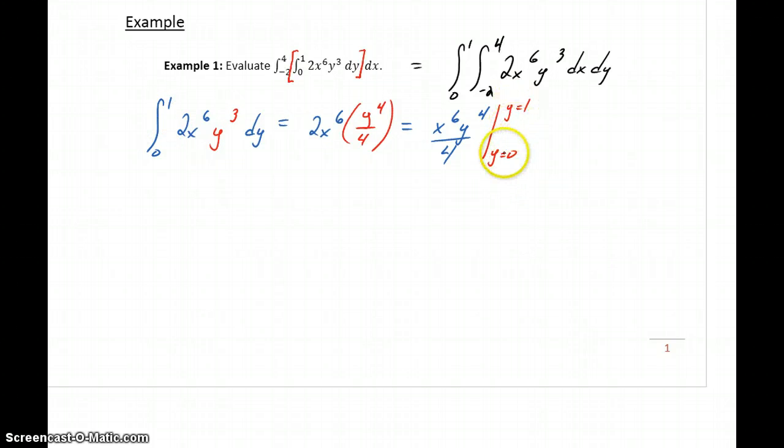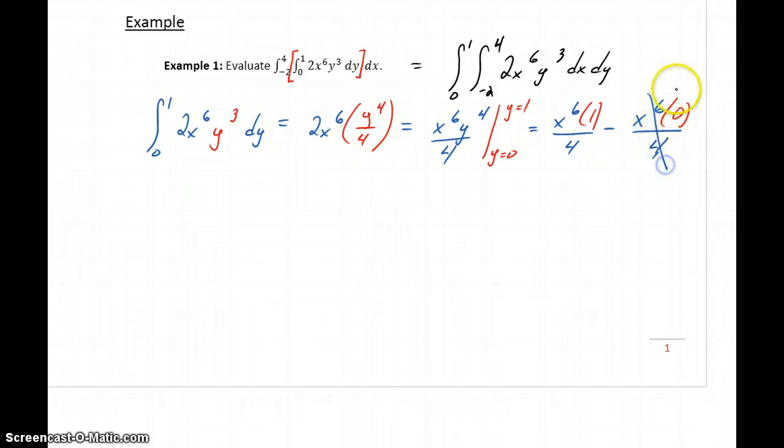So we're only going to make substitutions for the y variable. So this will become x to the sixth times 1 to the fourth, or times 1, over 4 minus x to the sixth times 0 over 4.